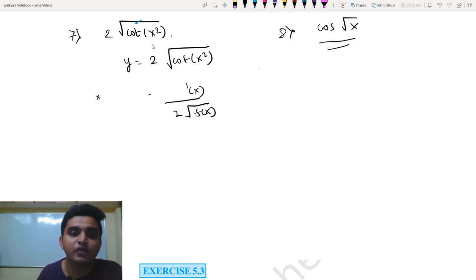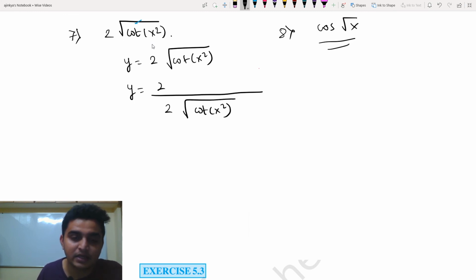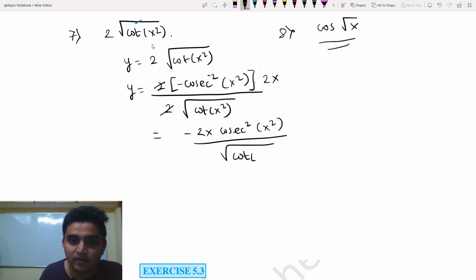Similarly, if we take f of x as cot of x square in the 7th question, you have 2 times everything divided by 2 root of cot of x square, and then the differentiation of cot x is minus cosec square of x square, and then the differentiation of x square, which is nothing but 2x. So your 2 and 2 get cancelled and your final answer is minus 2x cosec square of x square divided by the root of cot of x square.